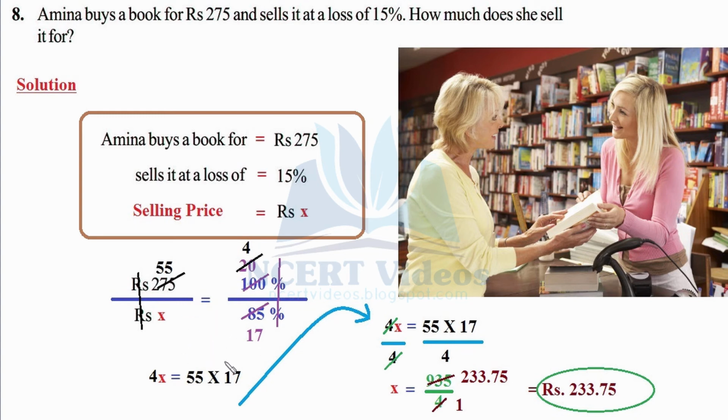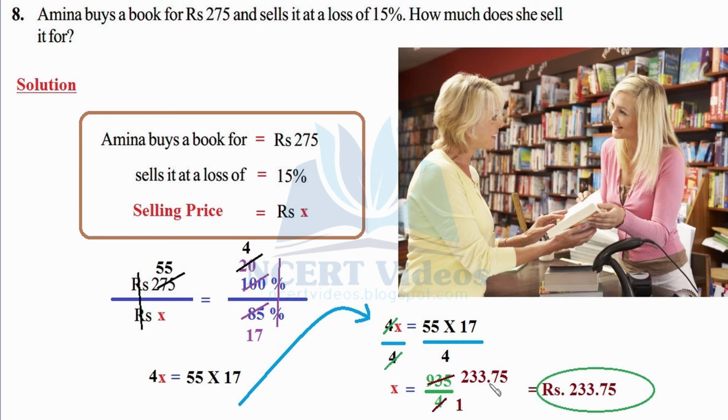So writing the same. Now getting rid of this 4, therefore dividing the whole equation by 4 on both sides. x separated. Solving it. First of all, multiplying 55 into 17 gives you 935 upon 4. So 1 4 is a 4, then 4 2 is a 8, 13, 4 3 is a 12, 15, 4 3 is a 12, 3.